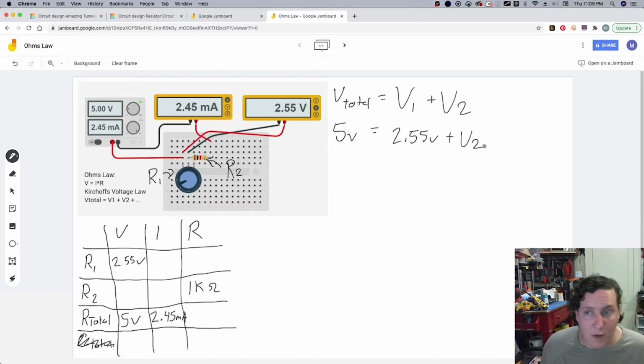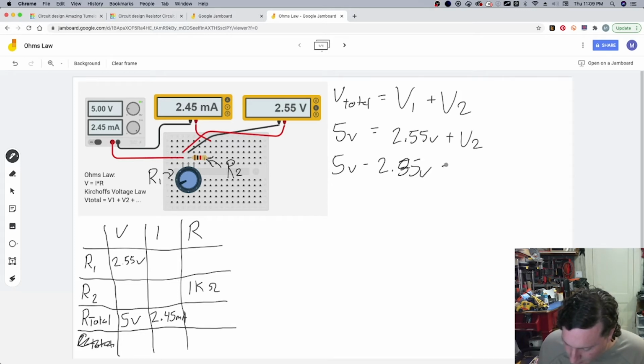Well, we rearrange our formula: 5 volts minus 2.55 volts equals V2, or we can simply say that 2.45 volts is going to be equal to V2.